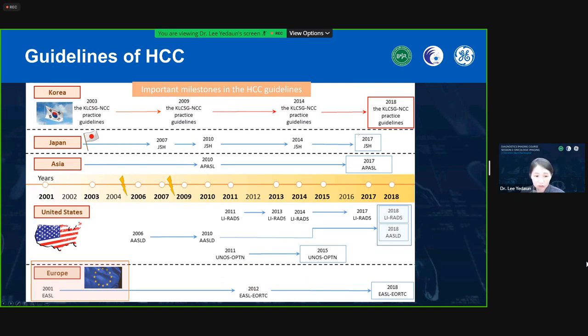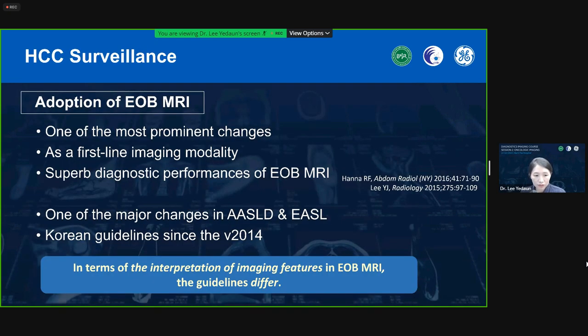2018 is the year of great changes in terms of the guidelines of HCC, since the main three guidelines from Korea, the United States, and Europe have been revised this year. One of the most prominent changes in the revision of all these guidelines is the active adoption of EOB MRI as a first-line imaging modality.